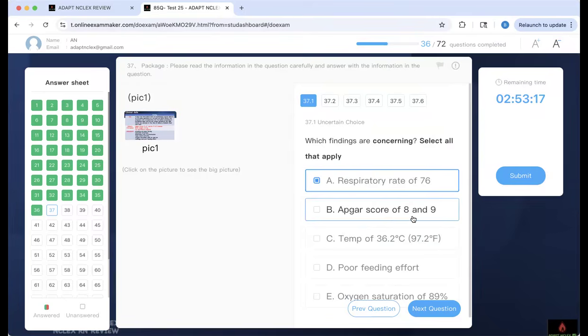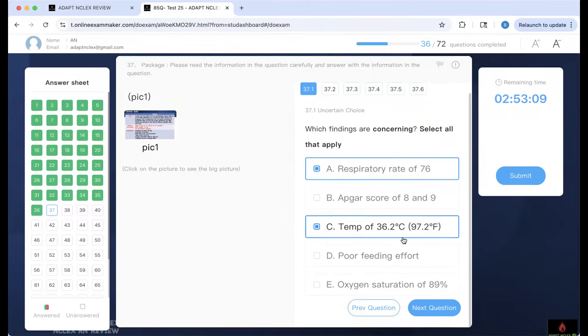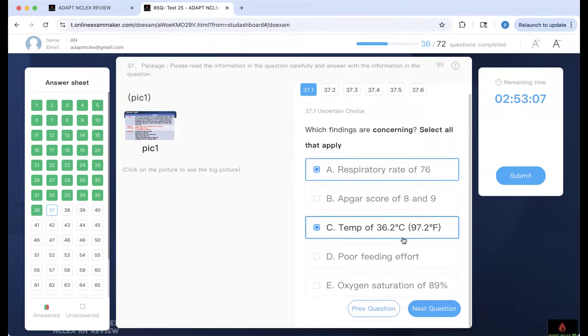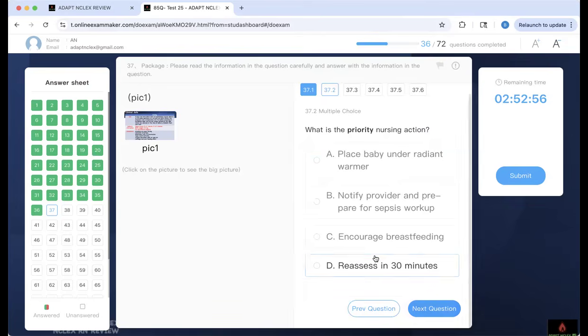APGAR score of 8 and 9 is good. There's nothing to worry about there. The baby's temperature, I don't like it. It's abnormal. Baby has poor feeding effort, and his oxygen saturation is not good.